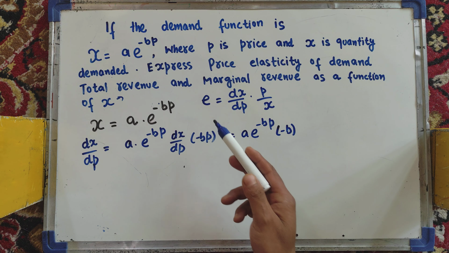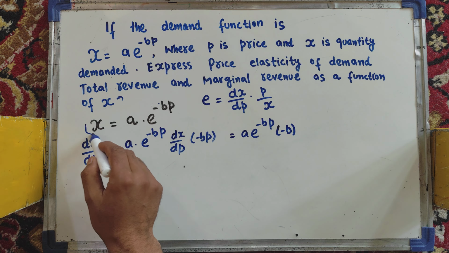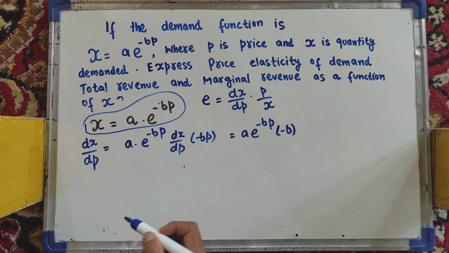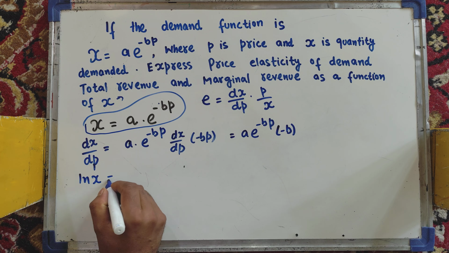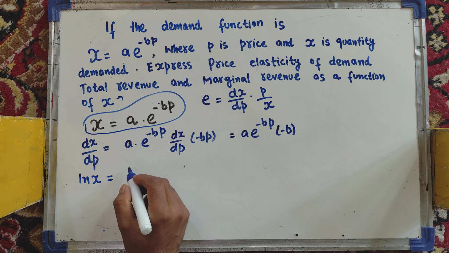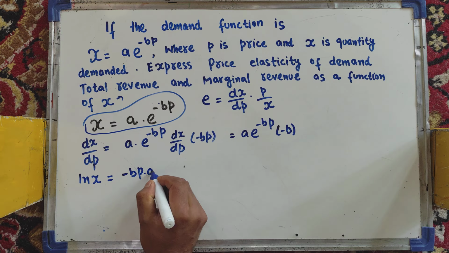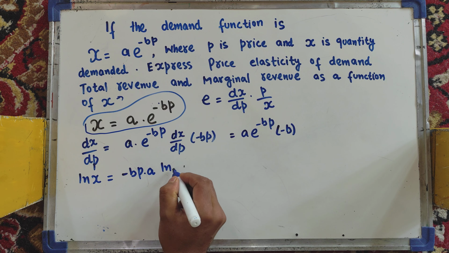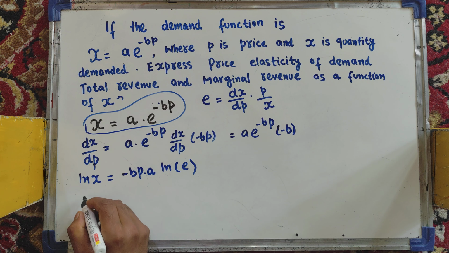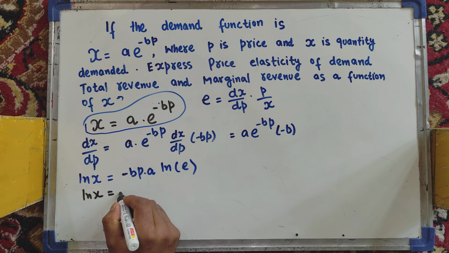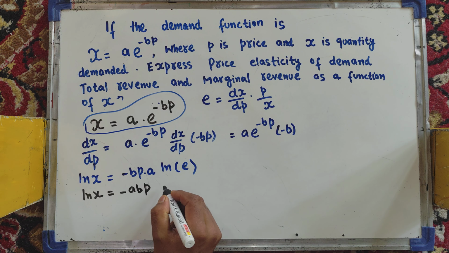Since we have to write price elasticity of demand in terms of x, what will we do to this demand function? Let's take natural log on both sides. So we have ln of x equal to, the exponent becomes the coefficient, minus bp times a times ln of e. ln of e means 1, so we get ln of x is equal to minus abp times 1.